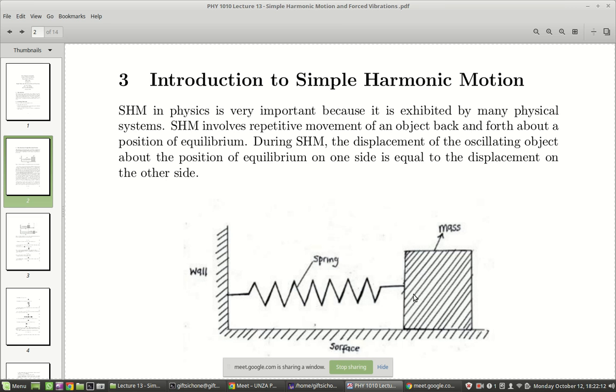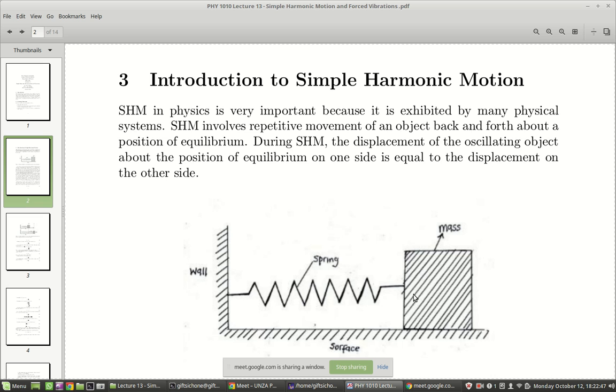So the spring will keep pushing and pulling against the mass, and the mass keeps on going back and forth about an equilibrium position. This kind of motion, where the object goes to one side of the equilibrium position and then to the other side, back and forth like that about this equilibrium position, is what we mean by simple harmonic motion.